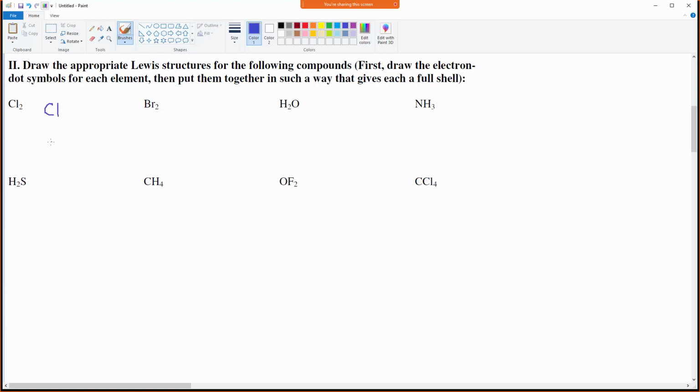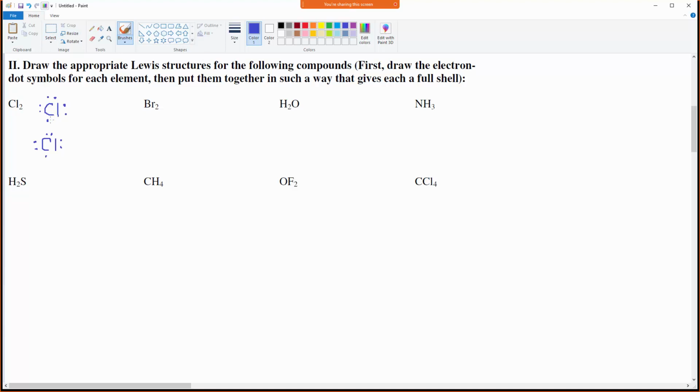So I've got chlorine and I've got chlorine, and each chlorine has 7. So I'm going to write these in 1, 2, 3, 4, 5, 6, 7, and I've got 1, 2, 3, 4, 5, 6, 7, and then I'm going to put it together.